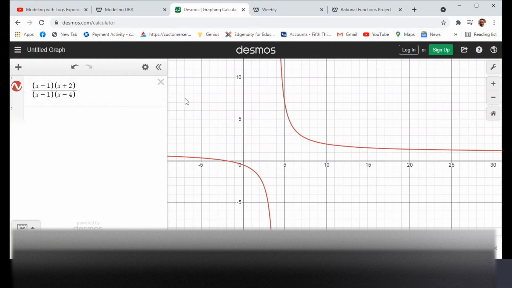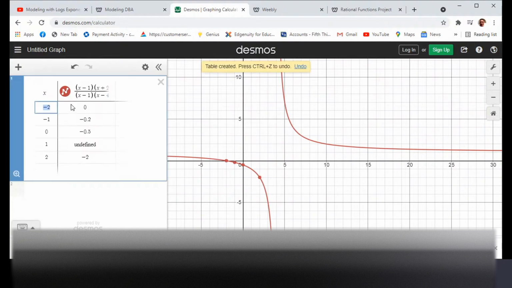Okay, but we have some properties of this graph here. So we're going to sketch this graph out. The way we can do that is if you go to see that table, convert to table there. You hit that gear circle, and then you hit this here.